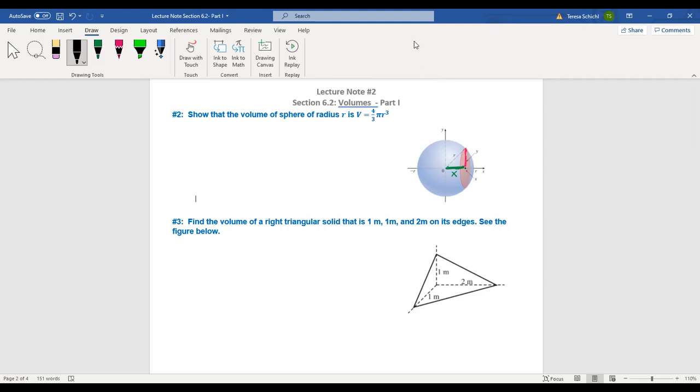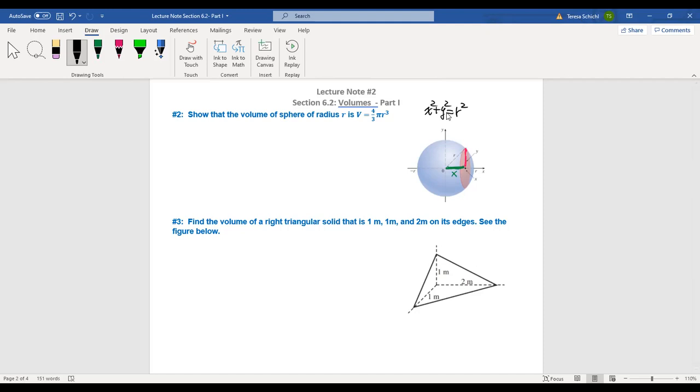Because this slice touches the sphere, it will be a circle. What does that mean? That means x squared plus y squared is going to equal r squared, correct?